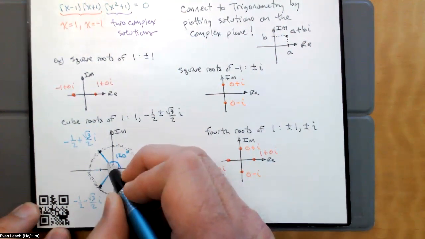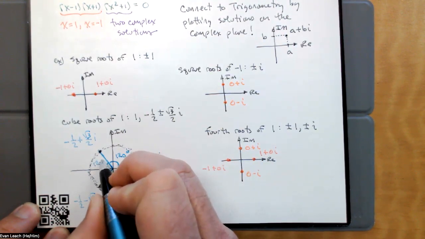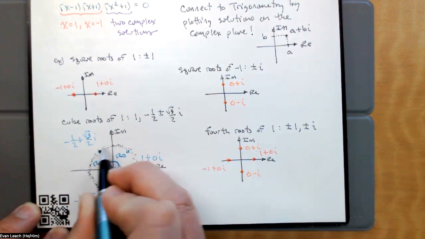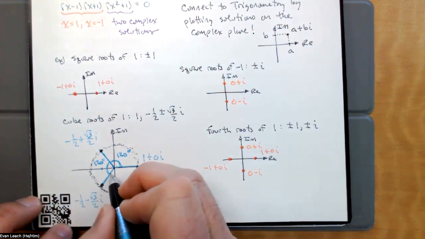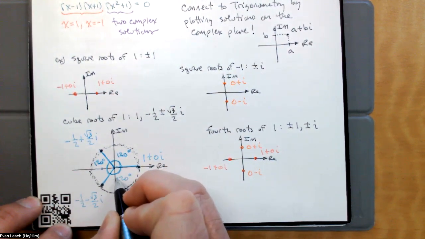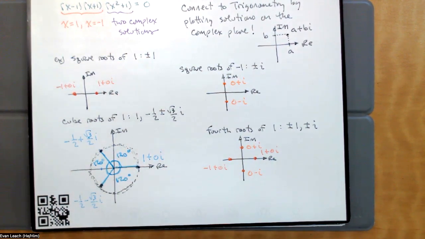So these two roots of 1 are 120 degrees apart. If I start from the first one and take 120 degrees to get to the second one, then another 120 degrees to get to the third one, it's going to be 120 degrees to get back to the start. What we discover is that the cube roots of a number, once we plot them on the complex plane, will always be 120 degrees apart.